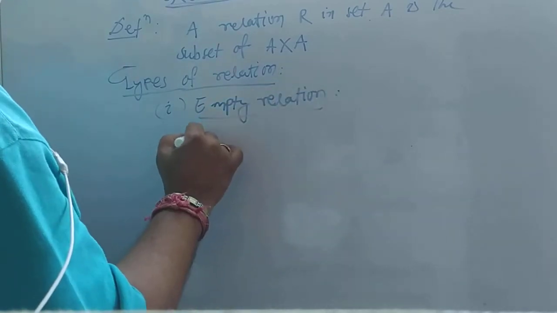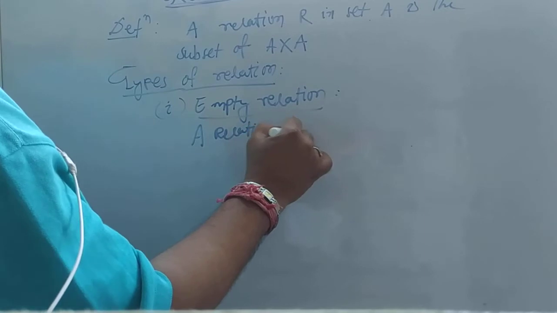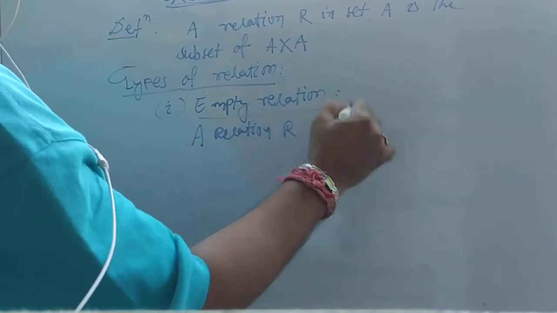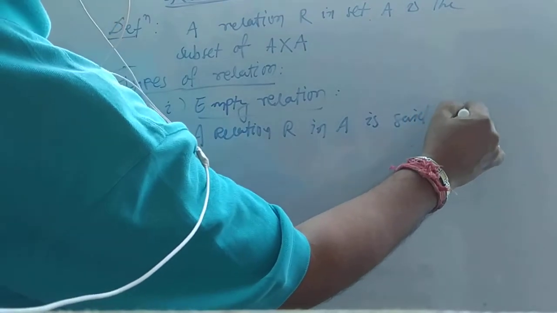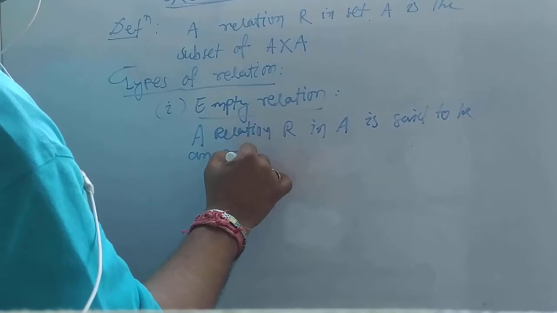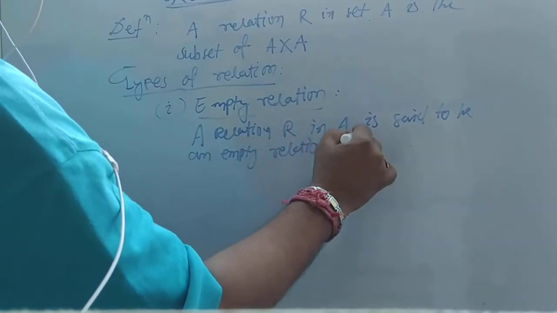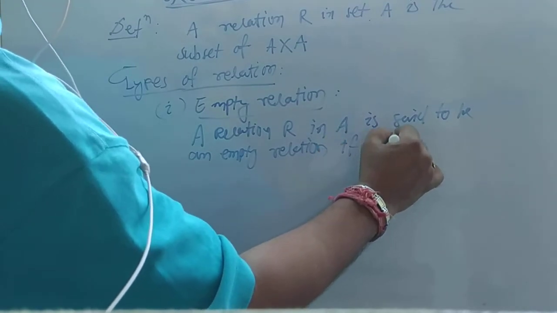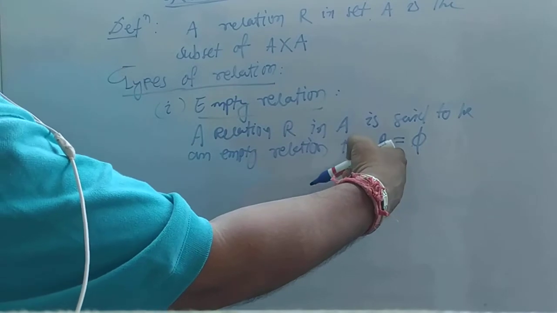A relation R in A is said to be an empty relation if R is equal to phi. Phi is the empty set.